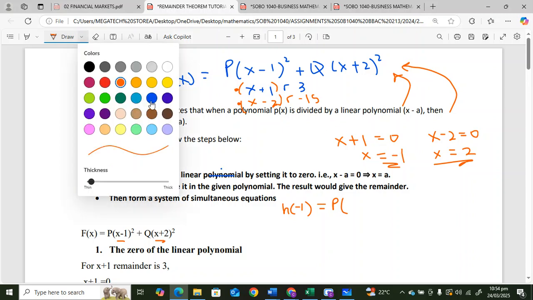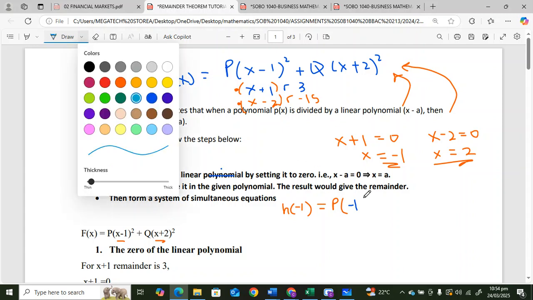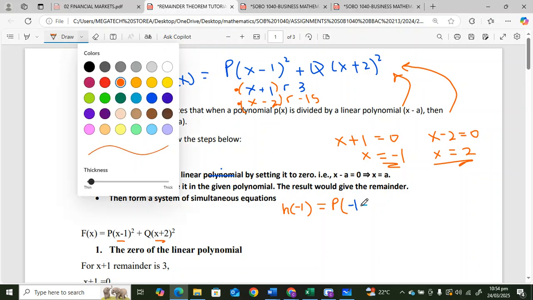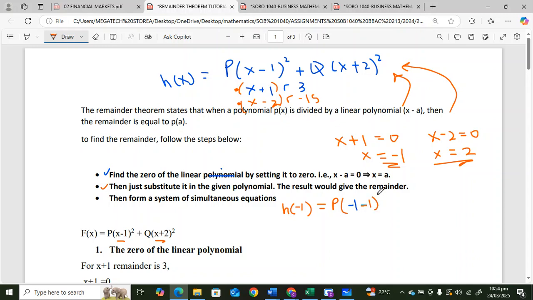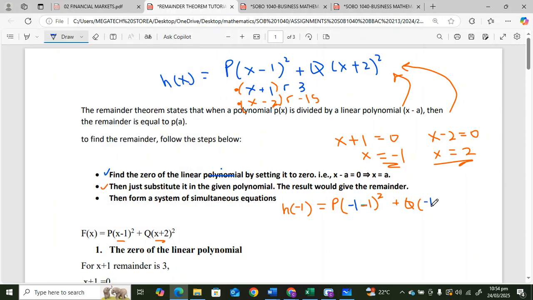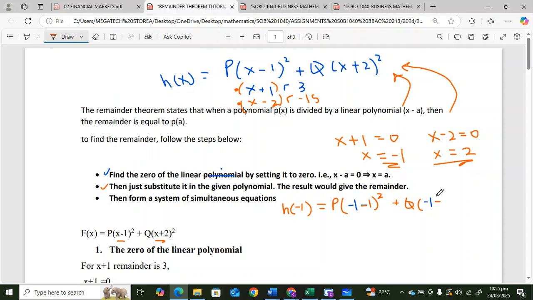So p, open brackets, negative 1 minus 1, squared, plus q, open brackets, substitute x with negative 1 plus 2, squared.